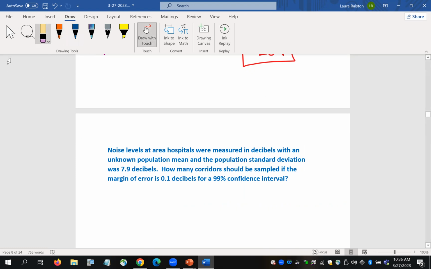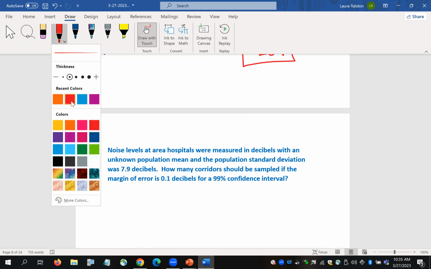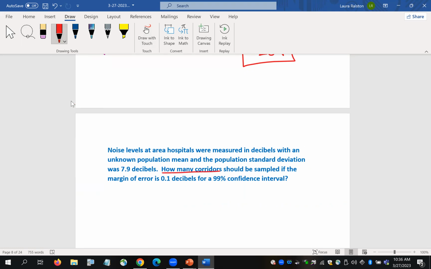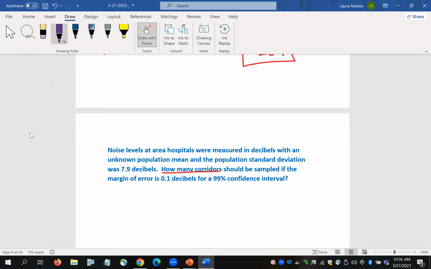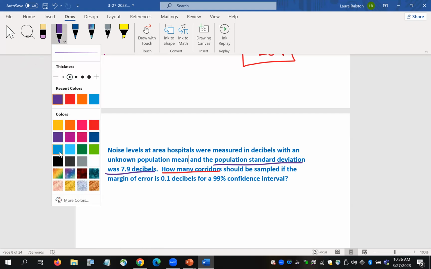Otherwise I might think it's related to something else. So it initially asked about the number of corridors, which is a clue I'm looking for sample size. It tells me the population standard deviation, and it has information related to the mean.